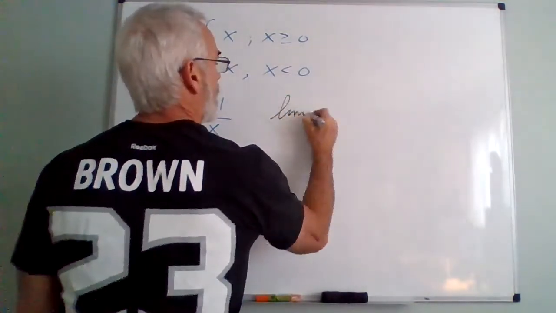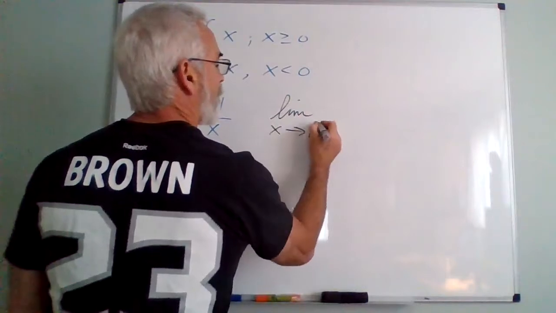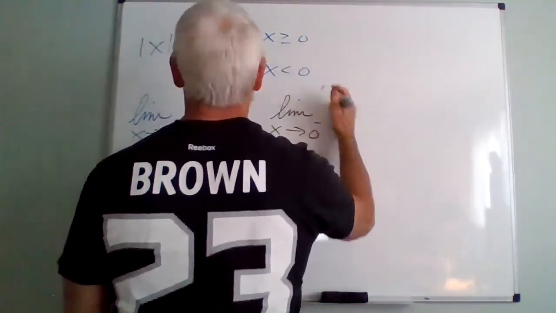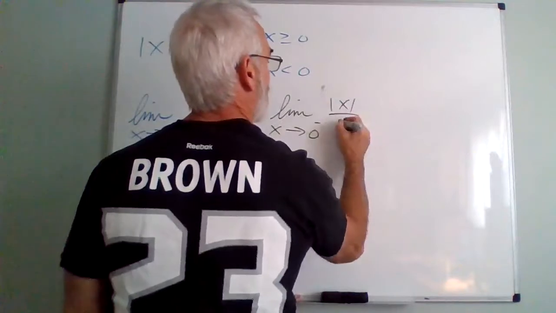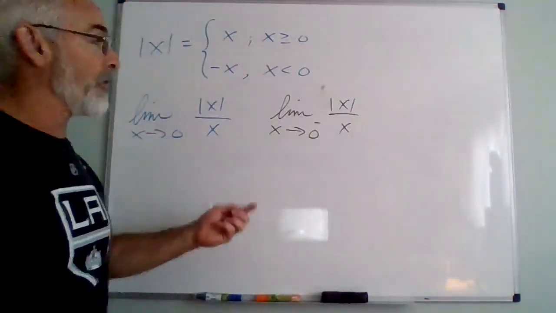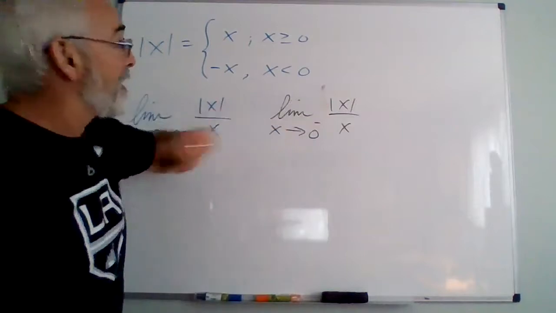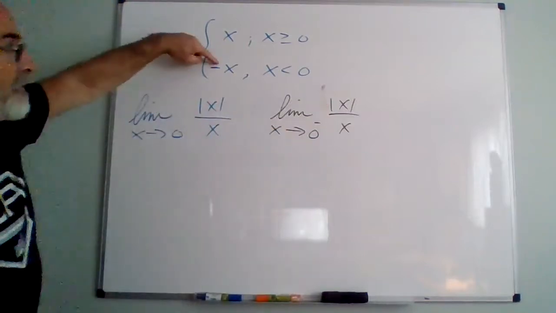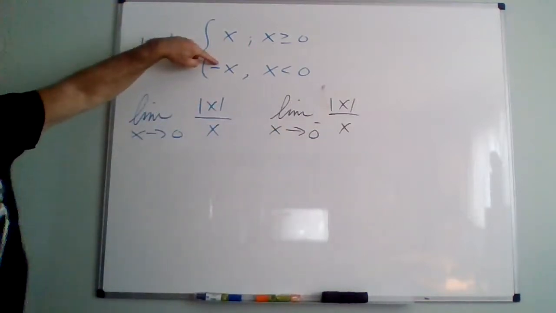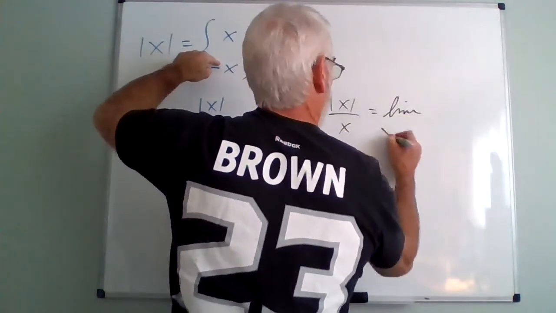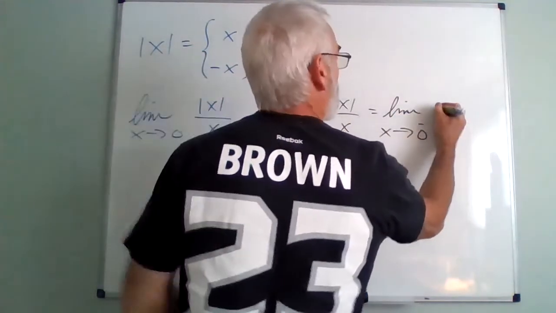So the limit as x approaches 0 from the left. All that means when I say that is I am approaching from values that are less than 0 in this case. Now, when x is less than 0, then the absolute value graph actually looks like this. So this would equal -x over x.